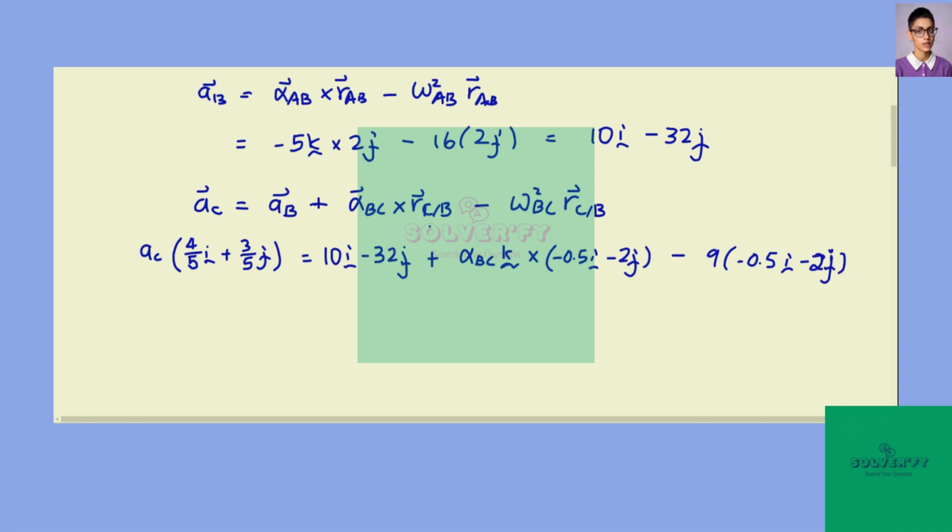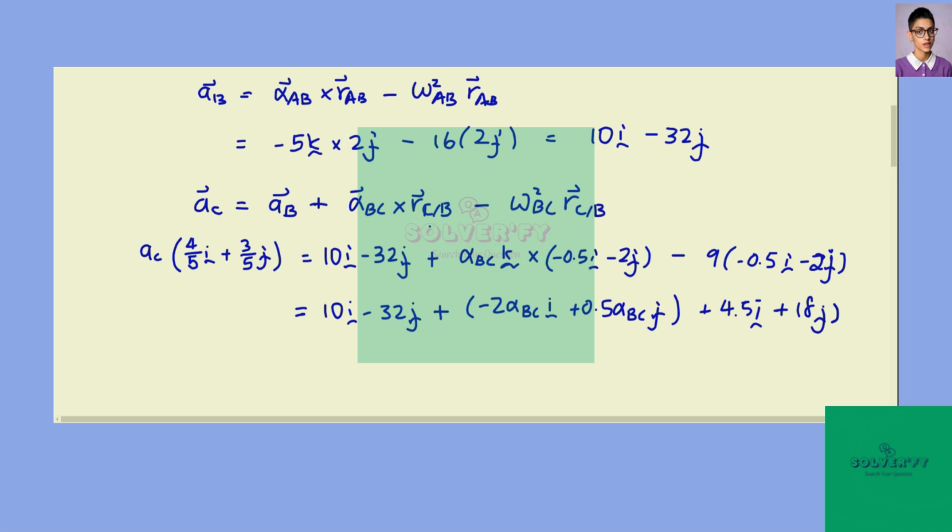So just continue. 10i minus 32j plus minus 2 alpha BC i plus 0.5 alpha BC j plus 4.5i plus 18j.